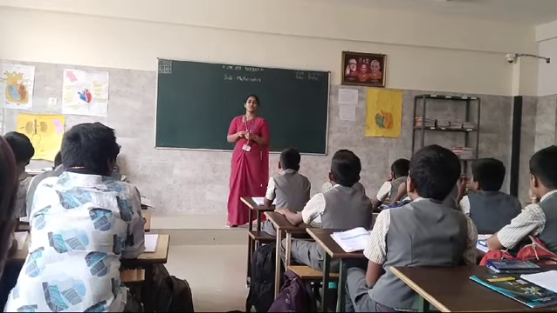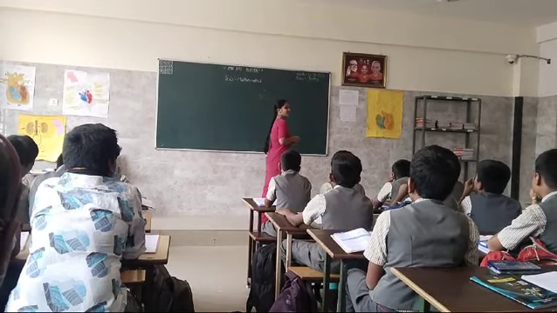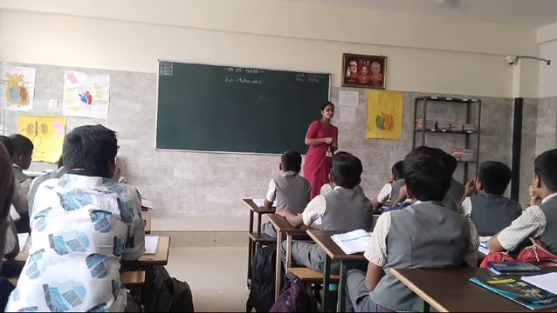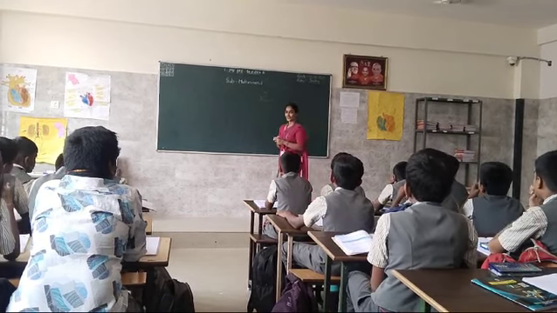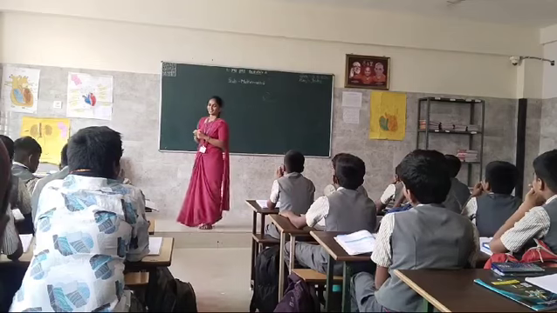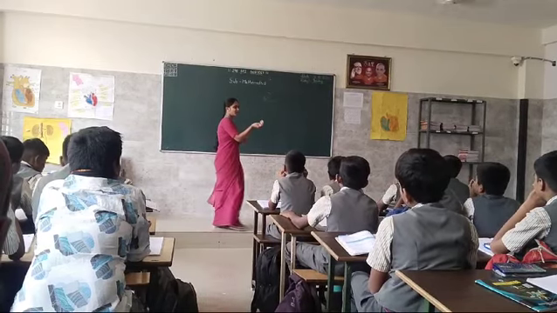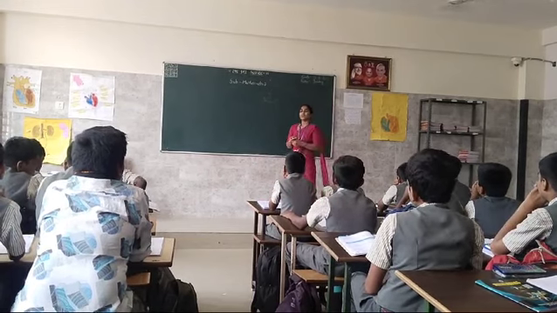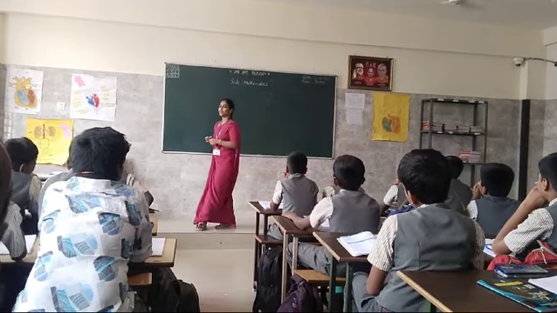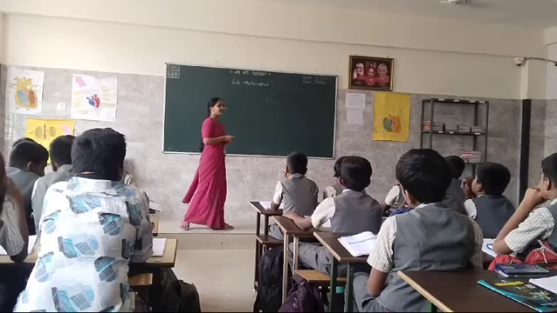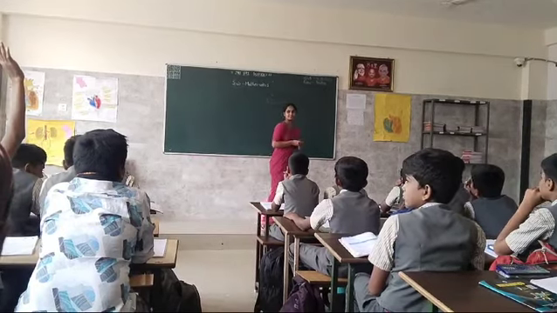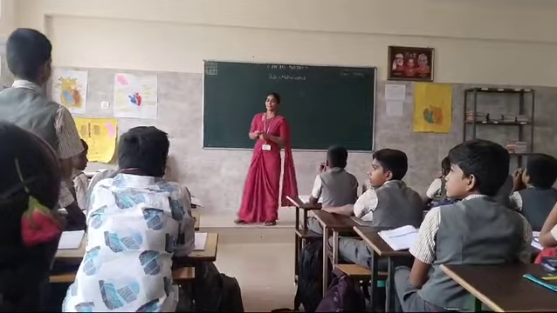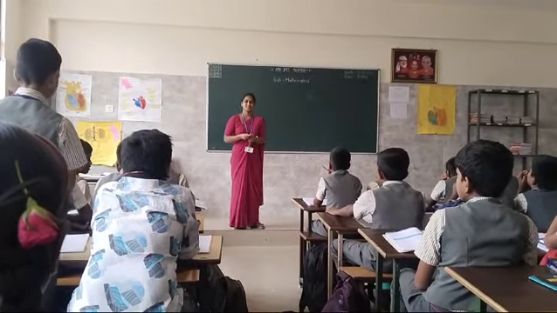If we subtract any two whole numbers, then the resultant number will always be a whole number. So next, what are the whole numbers along with negative numbers called? Yes. Integers. Very good.